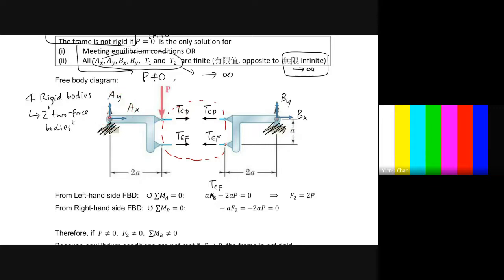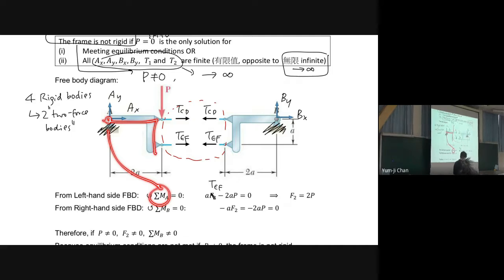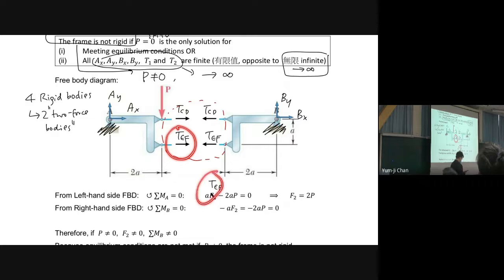So for these 1, 2, and 3 forces, we don't have moment arm. The only two forces that have moment arm are A times TEF minus 2A times P. So TEF is equal to 2P.